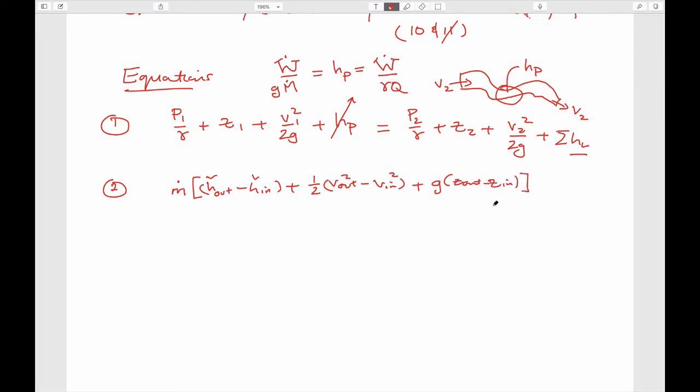And so again, this is equal to the net rate of heat energy in, plus the net rate of work in also. So we've seen these equations before. These are equivalent to each other. They're just written a different way, where this includes substantial changes in enthalpy that occur within the system.